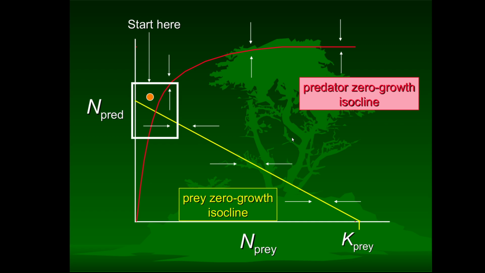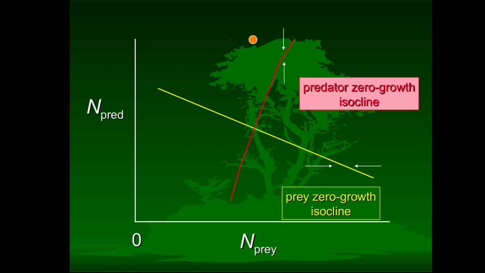Let's zero in on where the two isoclines cross. So right here, where they cross, the predator isocline is almost vertical and the prey isocline is almost horizontal. So when the prey population is to the left of the predator isocline, the predator population decreases. When the predator population is above the prey isocline, the prey decreases.